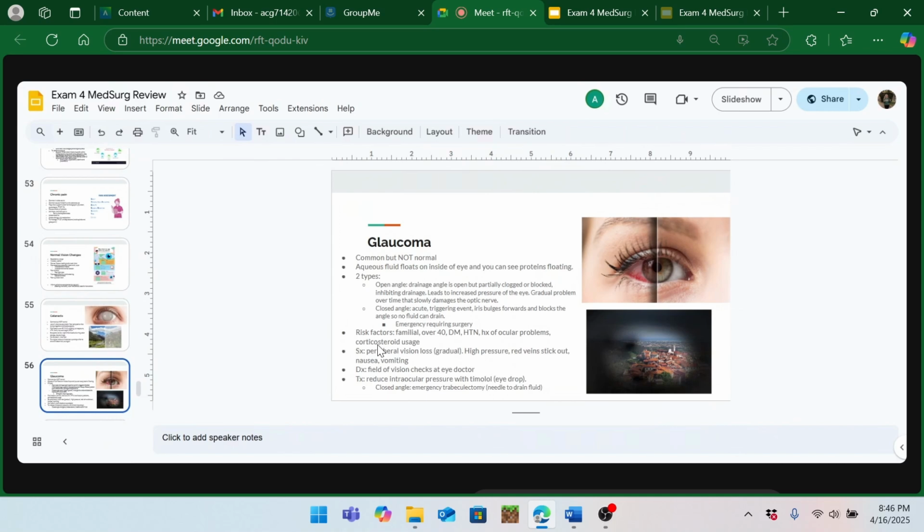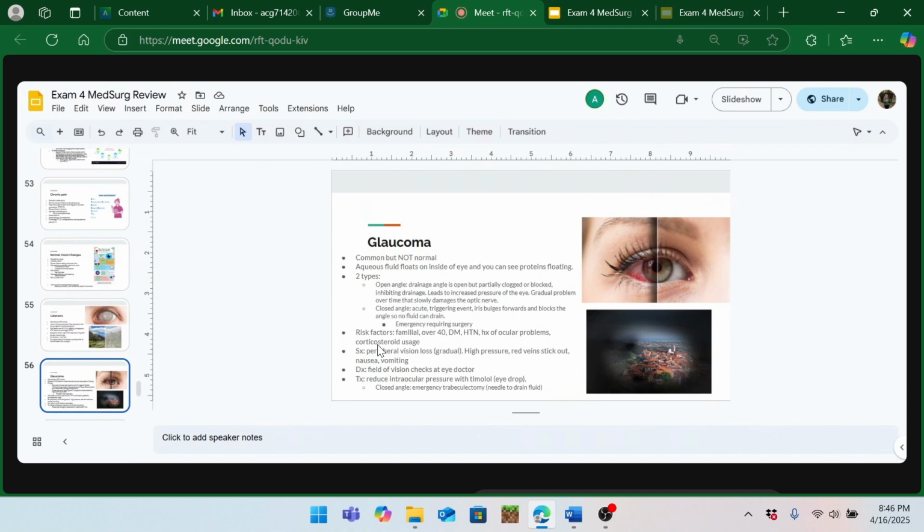So the pressure of the eye increases gradually over time, and then that pressure on the optic nerve is what kind of messes with your vision. Closed angle is an emergency. It's acute. It's triggered by something. The iris bulges forward and it blocks the angle so no fluid can drain.